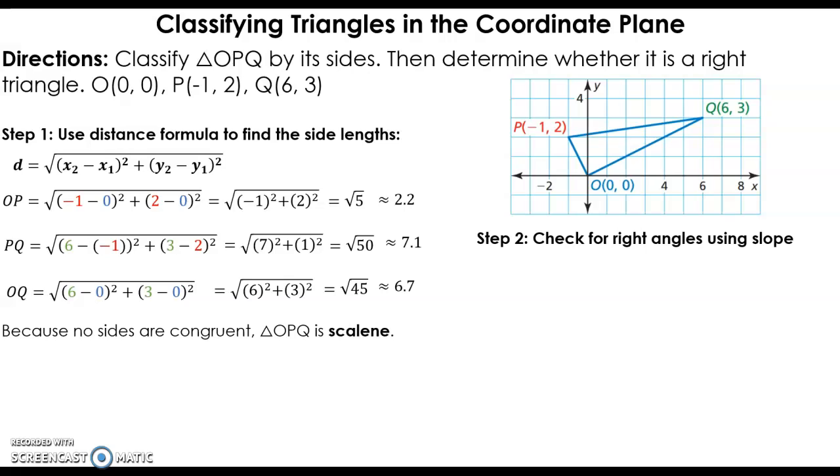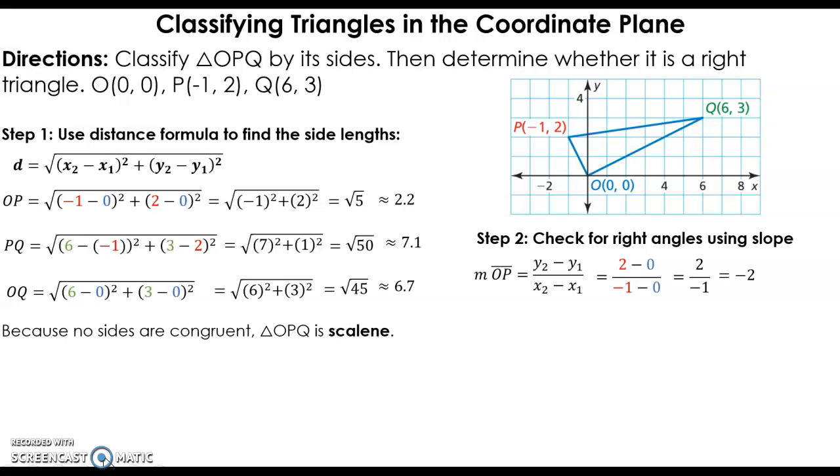Okay, so now we're going to check for right angles using slope. So our slope formula is y2 minus y1 over x2 minus x1. So we're going to first find the slope between O and P. If I were to plug in our values here, I'd get 2 minus 0 over -1 minus 0, which simplifies further to 2 over -1, which is just -2.